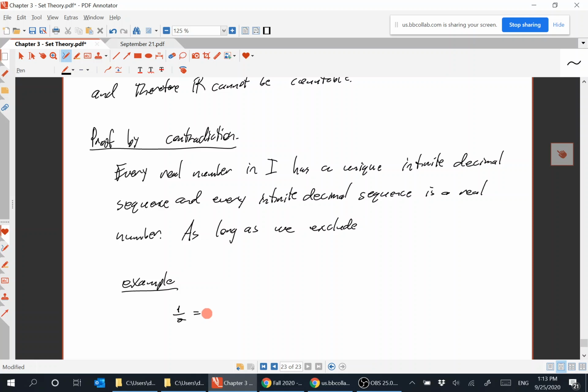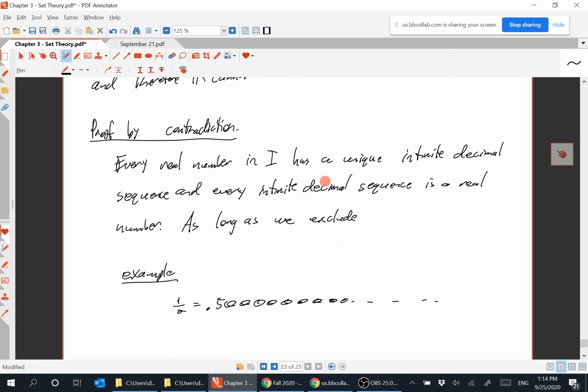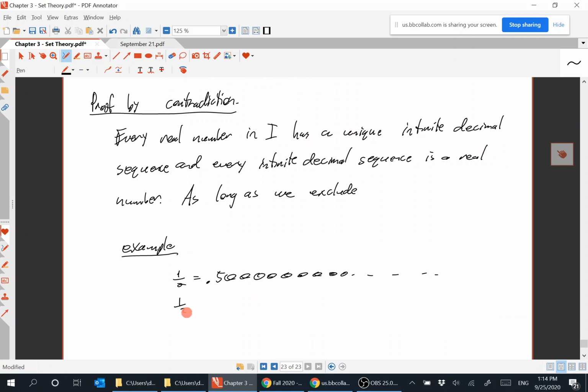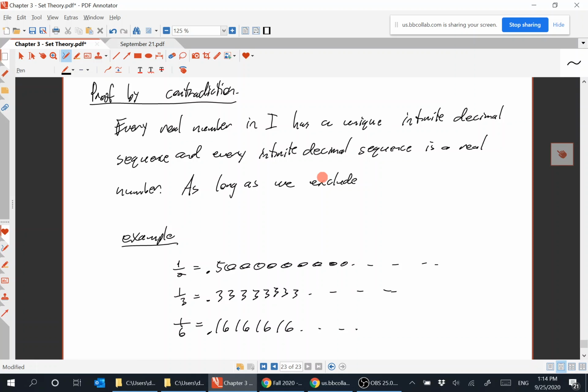Like 1/2 is equal to 0.5000000. 1/3 is 0.3333333. 1/6 is 0.16161616.